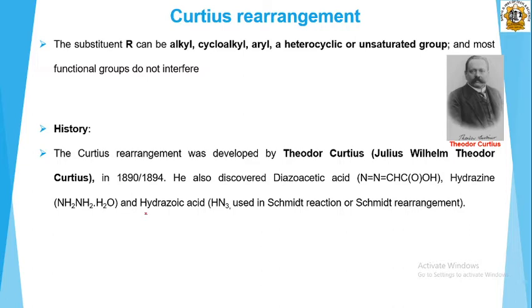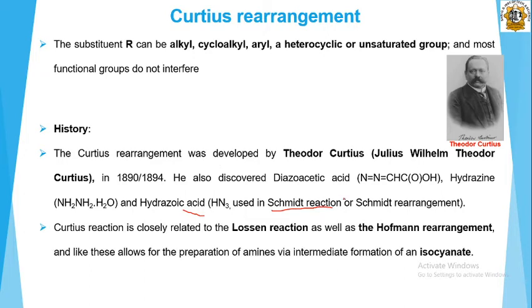You might have used these reagents in functional group detections in your undergraduate practicals. Hydrazoic acid is also used in the Schmidt reaction, which is a similar reaction to Curtius.